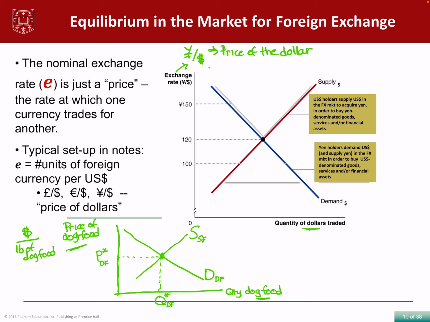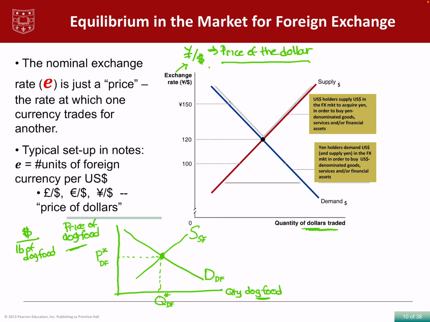So the typical setup that we're going to see in the notes is mirrored by what's in the textbook, and that is that we're going to describe the foreign exchange market most of the time from the perspective of the United States, where we're putting the quantity of dollars traded on the foreign exchange market on the horizontal axis and the price of the dollar on the vertical axis.